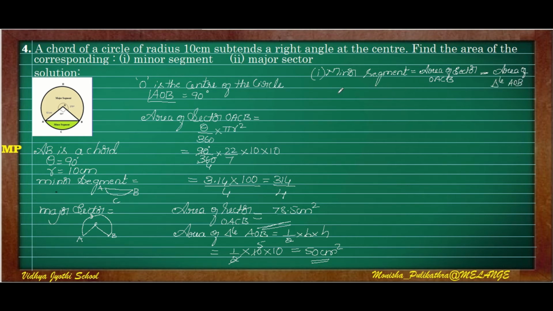So we need to subtract it in order to find the value. So area of minor sector we got as 78.5 minus area of triangle, which is 50. So the answer, that is the area of the minor segment, is 28.5 centimeter square. So we got the answer for the first one.